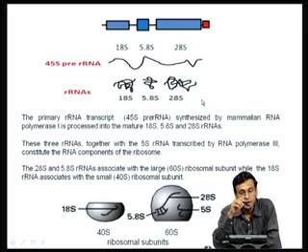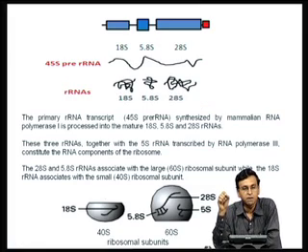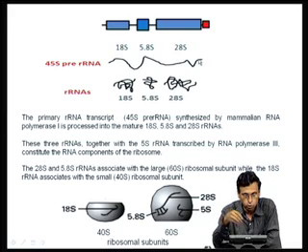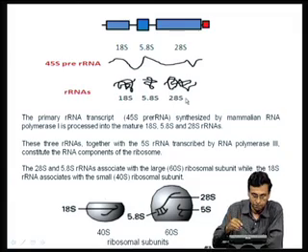So a single precursor rRNA is synthesized from the ribosomal DNA unit by RNA polymerase I, and this rRNA is post-transcriptionally cleaved to the three different ribosomal RNA molecules, namely 18S rRNA, 5.8S rRNA, and 28S rRNA.